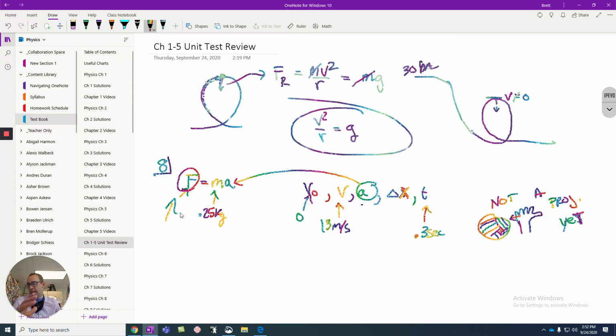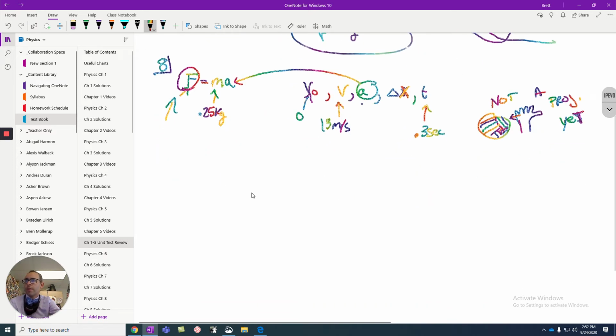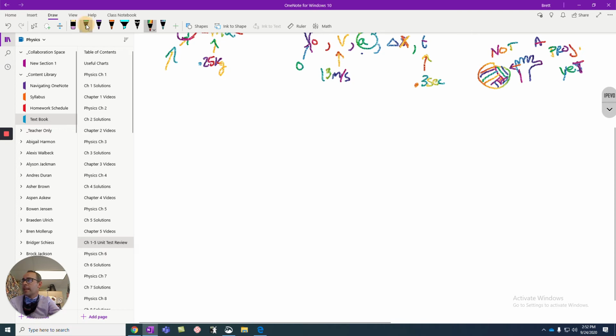If it's a projectile, then the question will be about its flight, not about the contact or the forces acting on it. The only force acting on a projectile that we're ever going to talk about in this class is gravity. So unless I'm asking about something that's talking about gravity, you're not going to be looking at that type of scenario. So that's just basic kinematics with a force attachment.